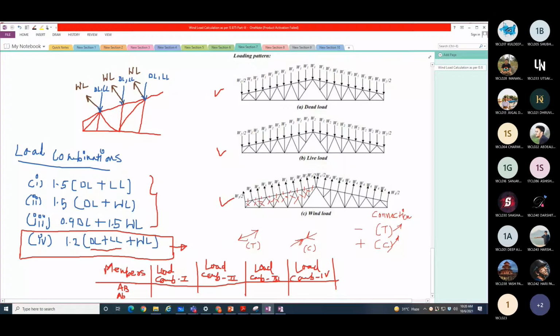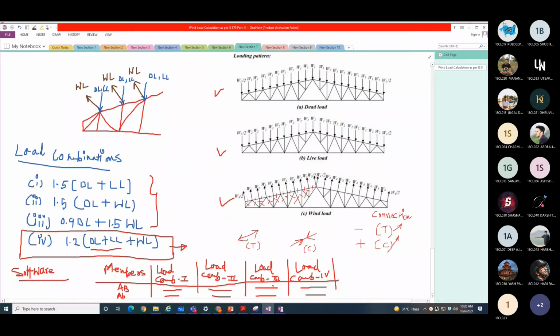And for all these members, with respect to these forces and load combinations, you will get the stress values for all the load combinations, right? As this is a lengthy process and manually it will take much time, you require to go with software to perform this analysis.